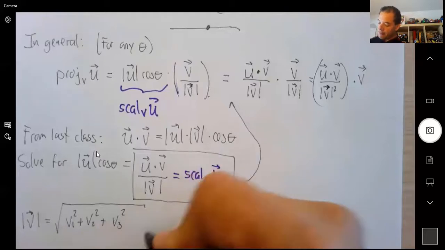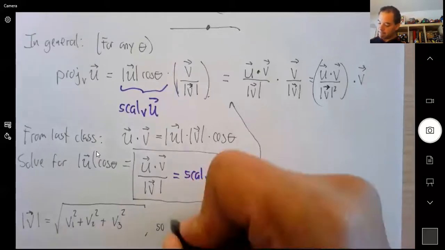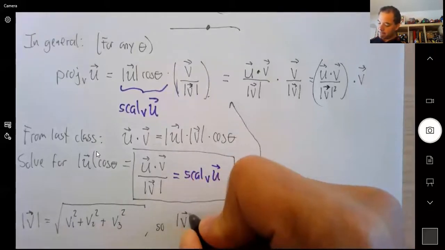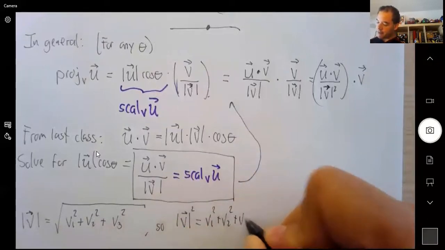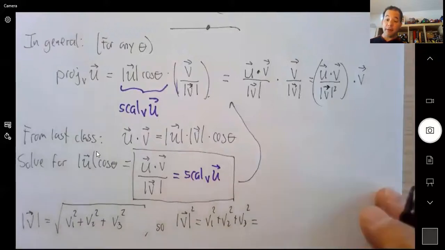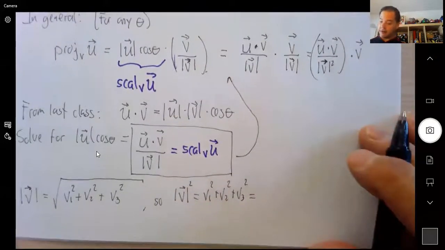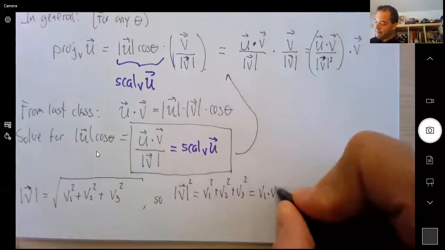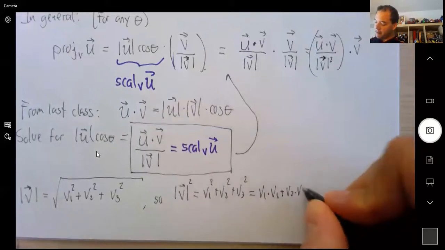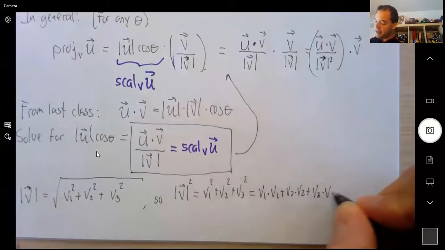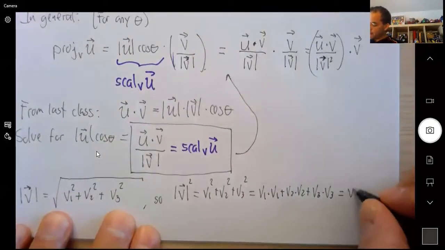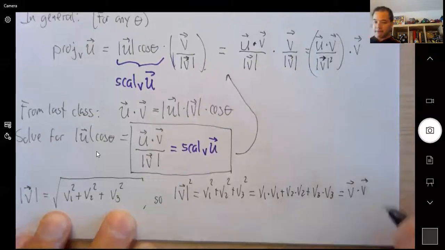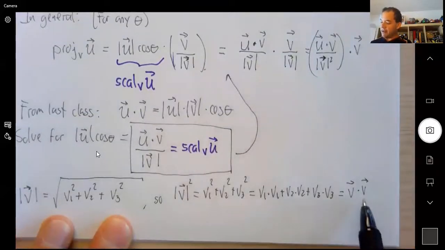And so if we square it, that's just v1 squared plus v2 squared plus v3 squared, which, if you think about it, is the same as v1 times v1 plus v2 times v2 plus v3 times v3. So it kind of is a dot product, right? Which dot product? Well, the dot product of v with itself. So this is v dot v.